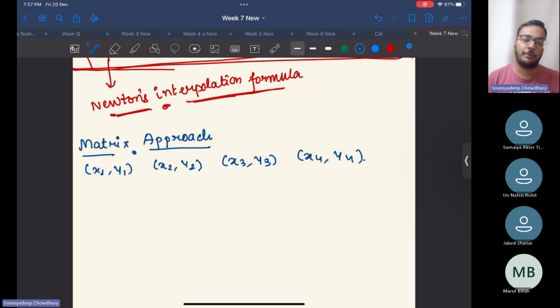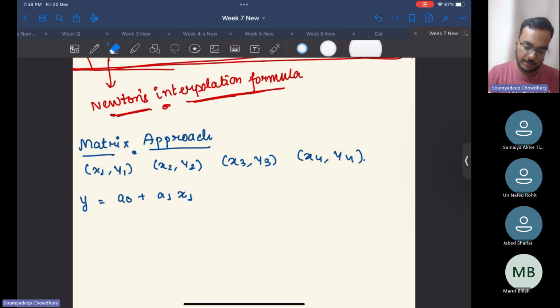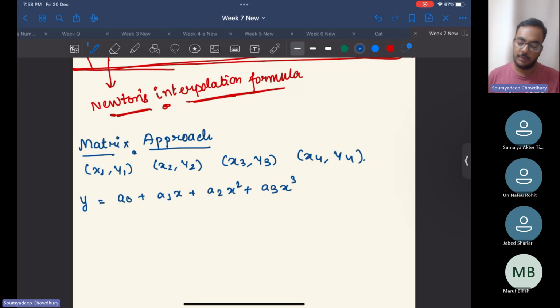Whatever the number of data points, we can fit a polynomial of degree one less than that. So what was our equation? It is a0 plus a1 x plus a2 x square plus a3 x cube.